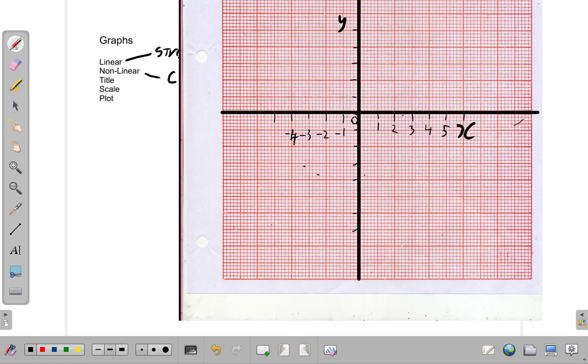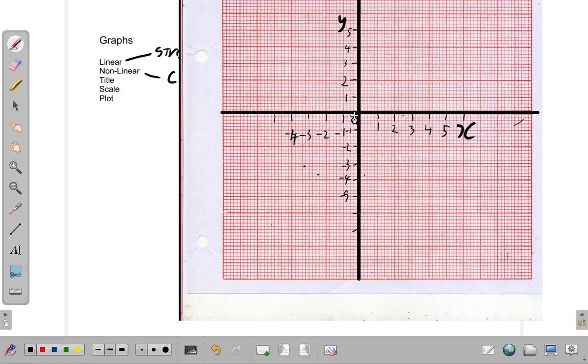Then you can put your numbers here, 1, 2, 3, 4, 5, and so on. These are your unit numbers. Now below 0 are negative 1, negative 2, negative 3, negative 4, negative 5, and so on. Alright? And generally, you put your unit numbers to the left of the y-axis.